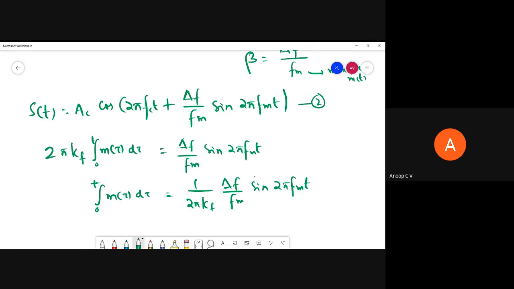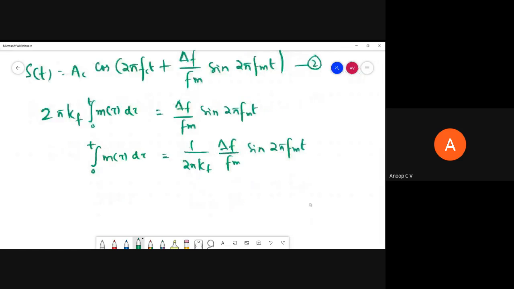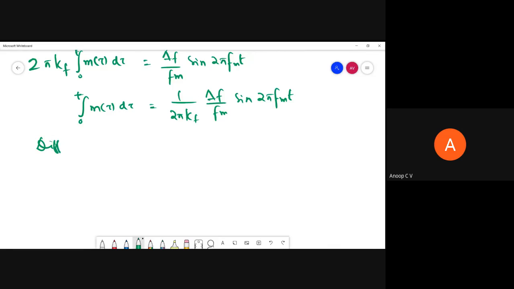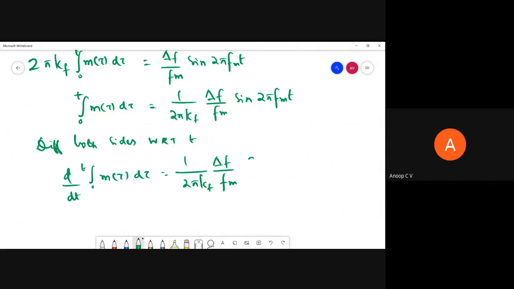The right hand side is 1 by 2 pi kf delta f by fm, d by dt of sine 2 pi fmt, which will be cos 2 pi fmt.